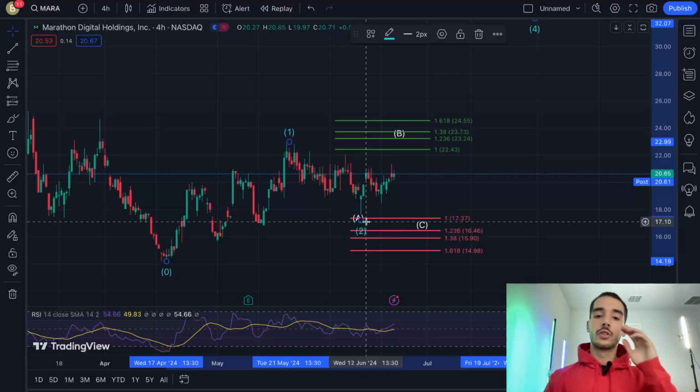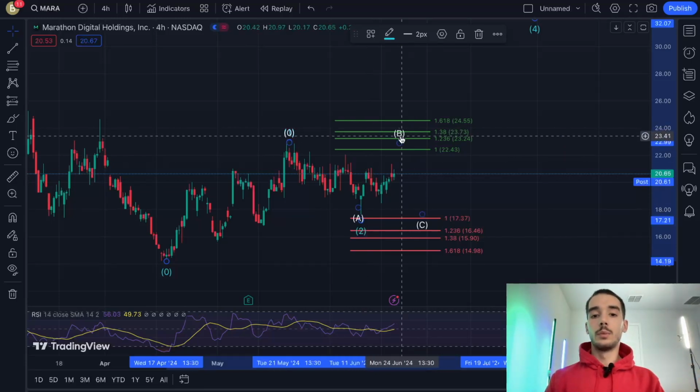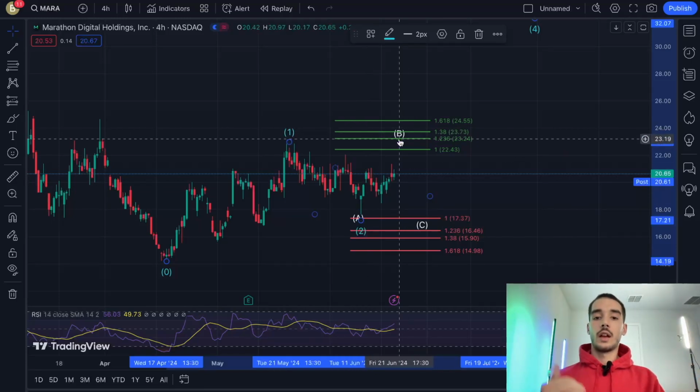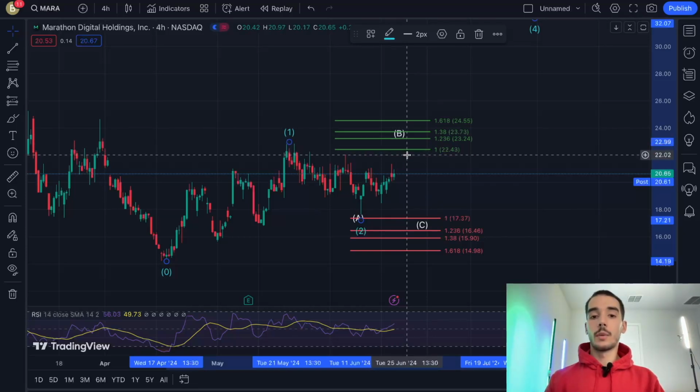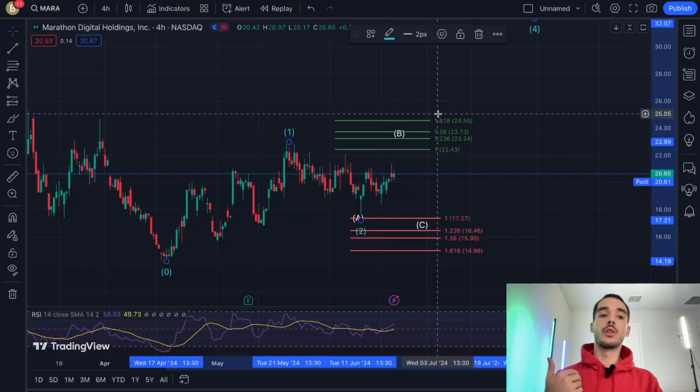I won't consider the second wave done just yet. So if we do go into this B wave mark right here, hold it, and then fall back down to the bottom of this wave, or this Fibonacci extension on the 100% extension level, and bounce up from there, that'll be some confirmation that we are at least moving higher in the third wave count.